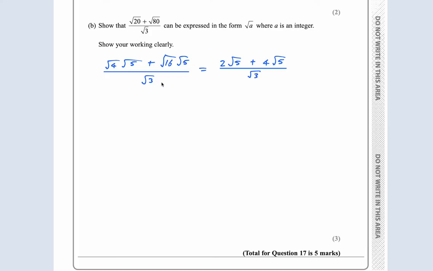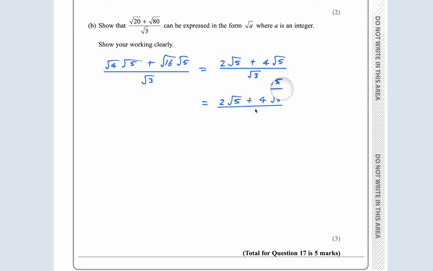That's still the same. Okay, now to get rid of this root, guys, how do I get rid of a root? Well, or how do I rationalize the denominator? To remove a root from the denominator, I need to multiply by that root. Now, I can't just multiply something by root 3.